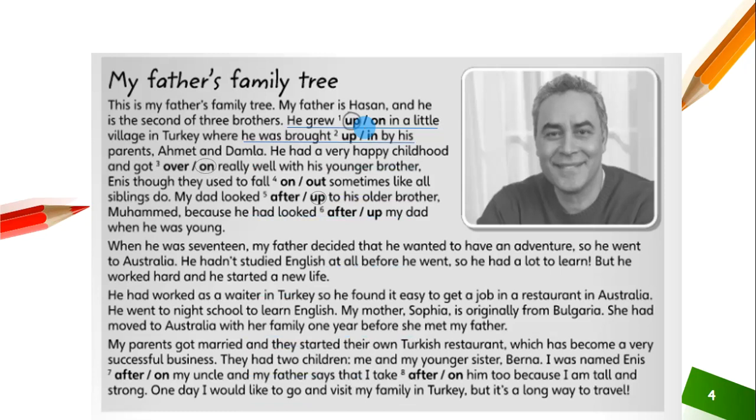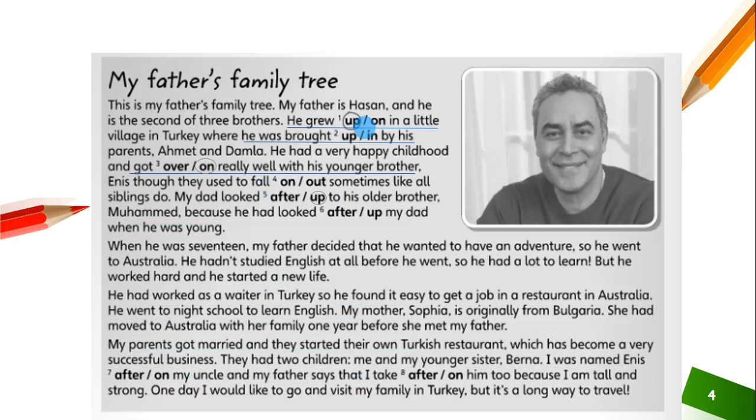The next information was he was brought up by his parents. So who brought this person up? Who took care of him? Who educated him? Who taught him? So he was brought up by his parents. And then we have the information he got on really well with his younger brother.